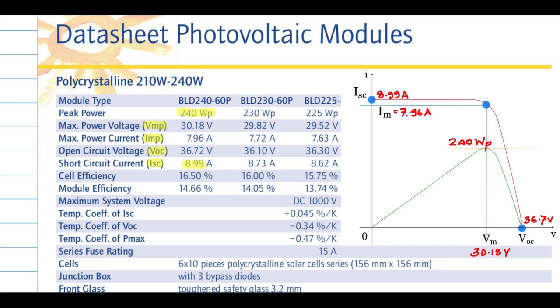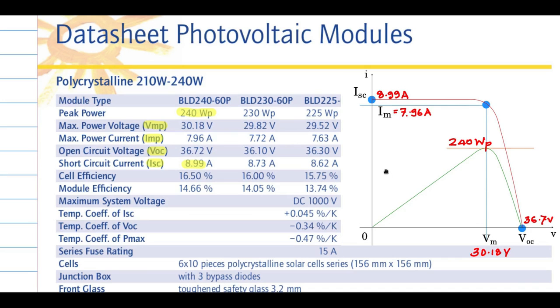Now one question arises. We have 240 watts peak, and these are the currents and the voltages as we see on the IV curve. At what incident solar power do all these values apply?